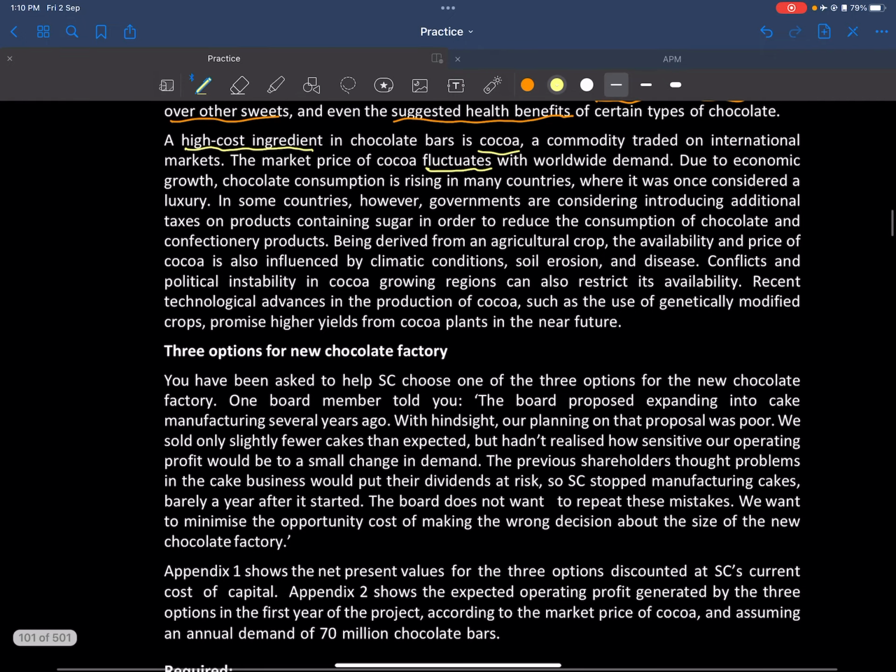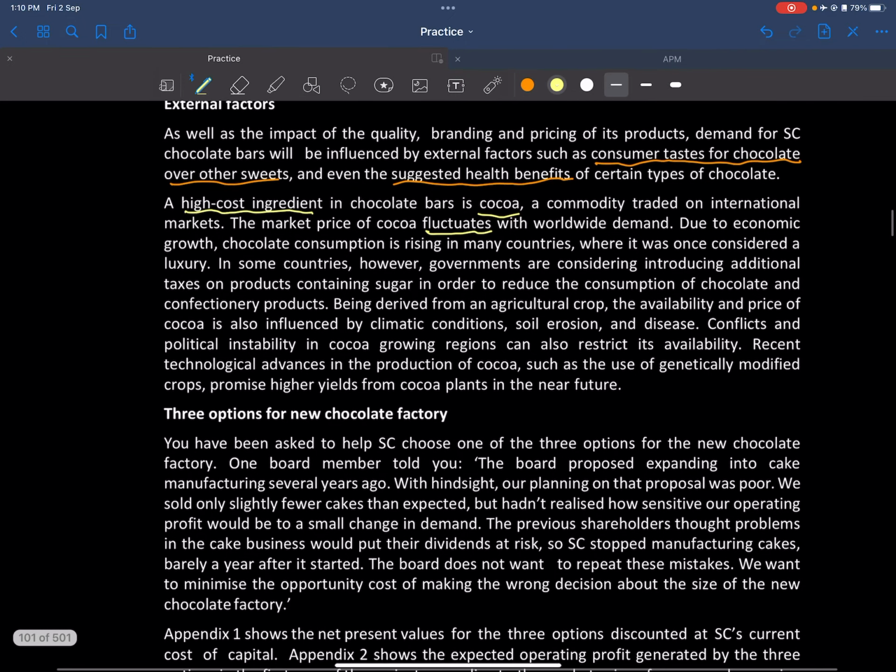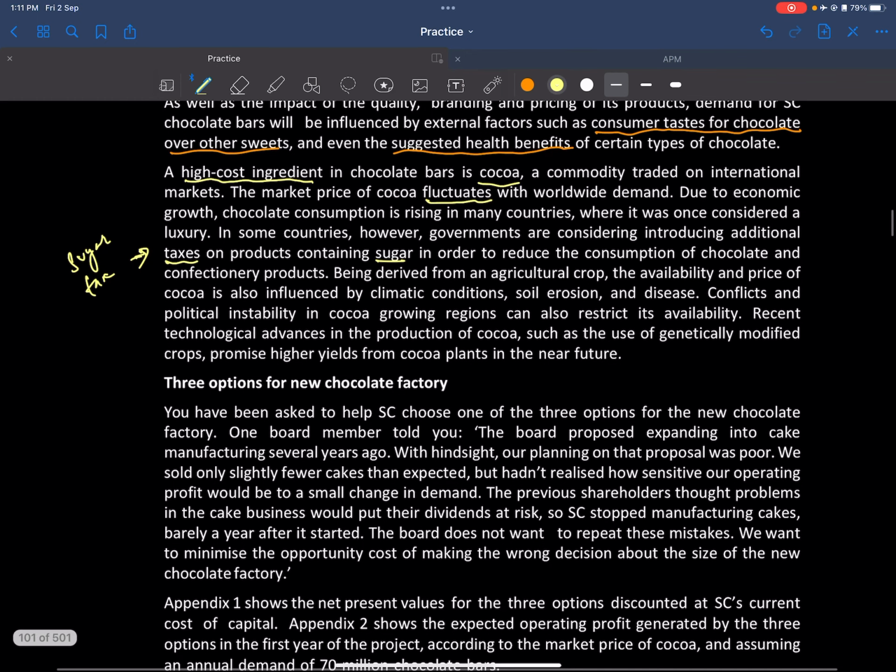Due to economic growth, chocolate consumption is rising in many countries where it was once considered a luxury. In certain countries, however, governments are introducing additional taxes on products containing sugar, so it's sugar tax. And confectionery products being derived from an agricultural crop, the availability and pricing is influenced by climate conditions, soil erosion and diseases.